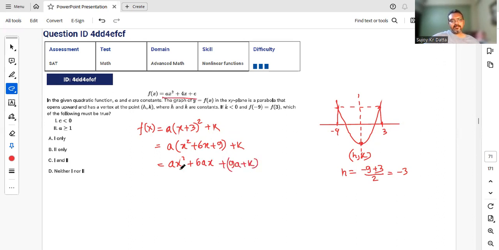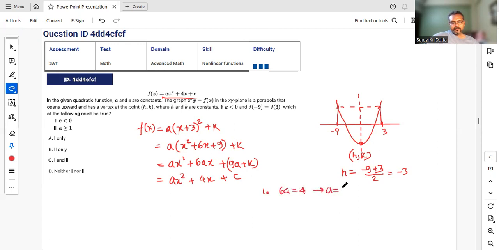Now, we already have been given an equation. So this must be the same as ax squared plus 4x plus c.